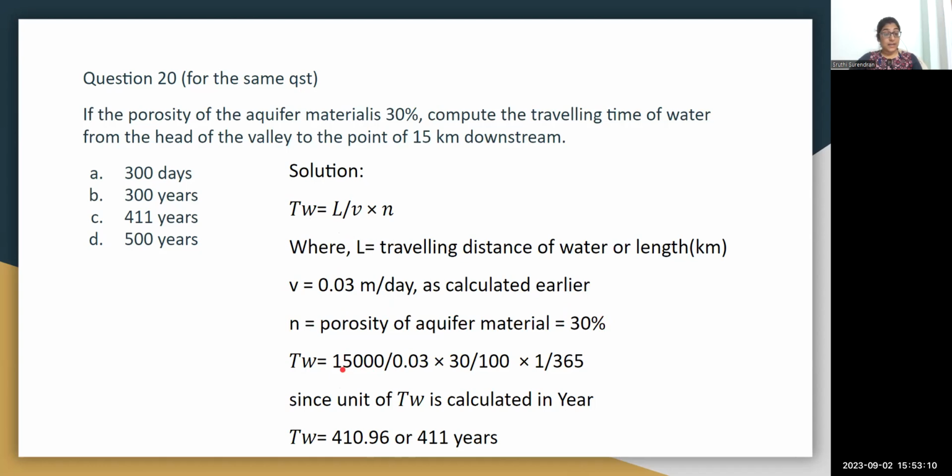We have all the units in meters, so we'll divide 15,000 by 0.03, the velocity of water, into the porosity 0.3. Since we require the value in years and not in days, we multiply this by 1 by 365 to convert days into years. And we get that the traveling time of water is 411 years.